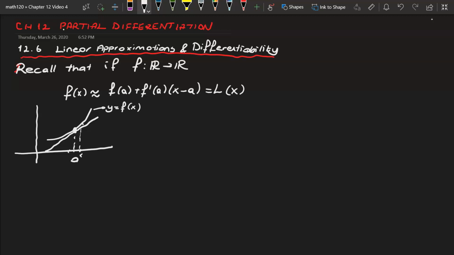So for examples where evaluating f of x exactly is difficult, we can take L of x as an approximation for f of x.